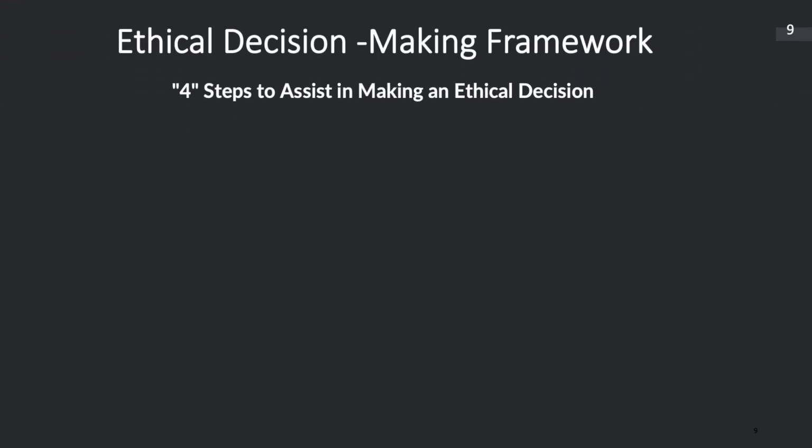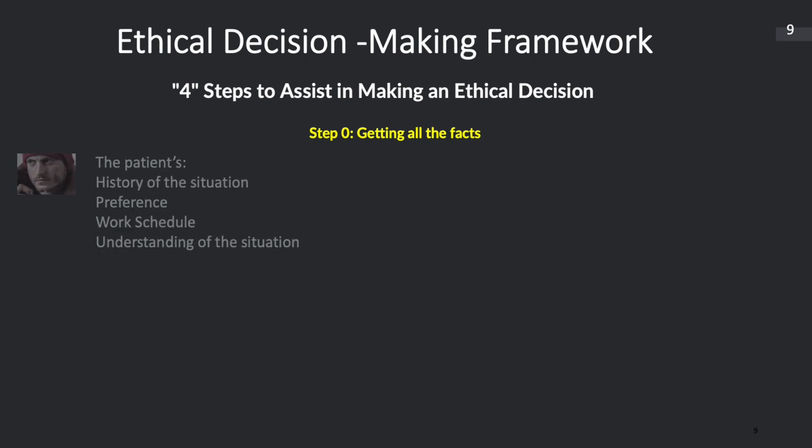Now let's take this and apply it to the framework. So getting all the facts, and I will preface this with, not every single fact may be presented here. You can come at it from any given time, even different years, and might have different facts involved. So certainly you'd probably want to consider the patient's information. You'd want to get a history of the situation.